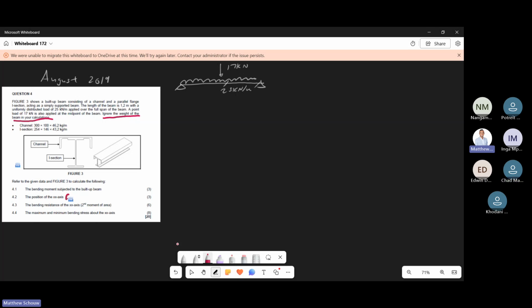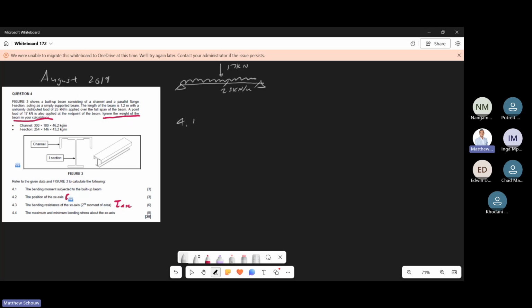Then the bending resistance of the axis, that's the second moment of area, the Ixx, which is covered in that other video. And then they also want to know the maximum and minimum bending stress about the axis. We will get to this, but let me proceed.